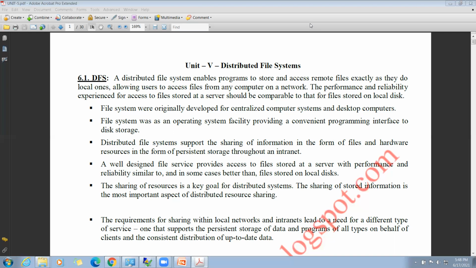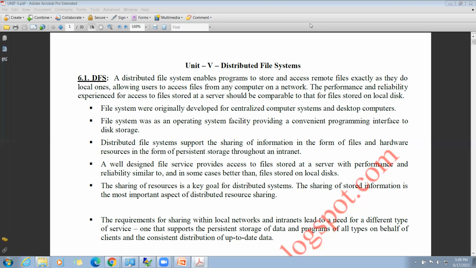Here we have some challenges in the distributed file system: performance issues and reliability issues. Why? Because we are accessing a file which is not on our local machine. It is located at a different place, so performance and reliability issues may come into the picture.